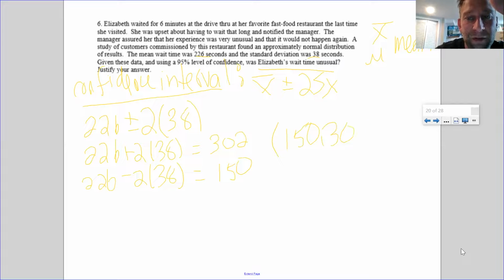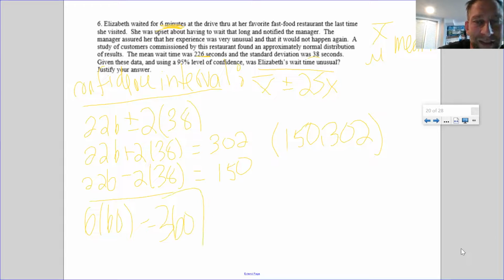That's my confidence interval. What's my value? Now be careful, there's a little twist here. 6 minutes. These are all in seconds. So 6 minutes is 360 seconds. Is 360 inside the confidence interval?